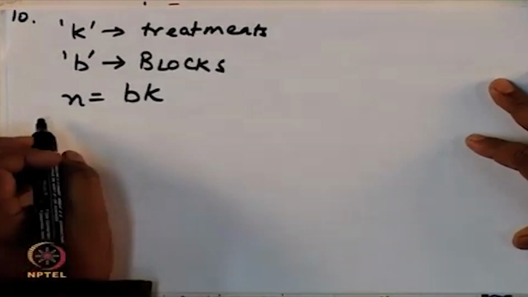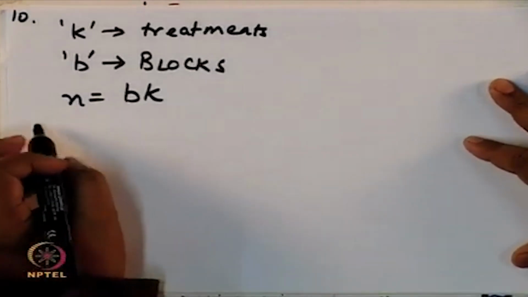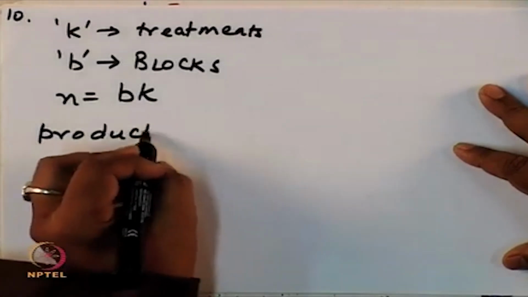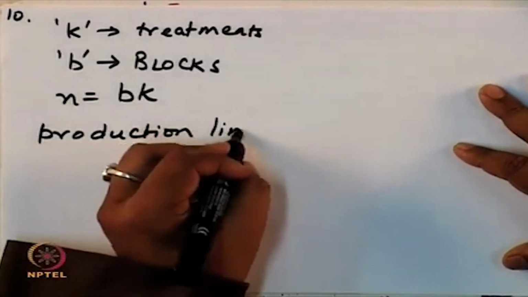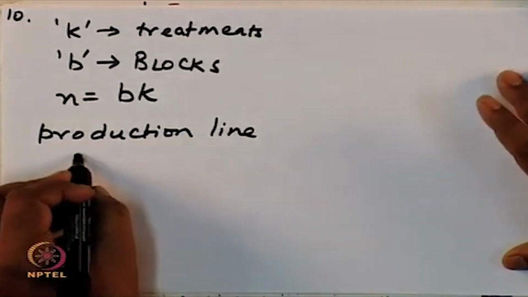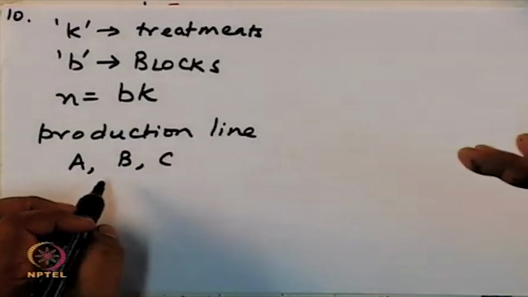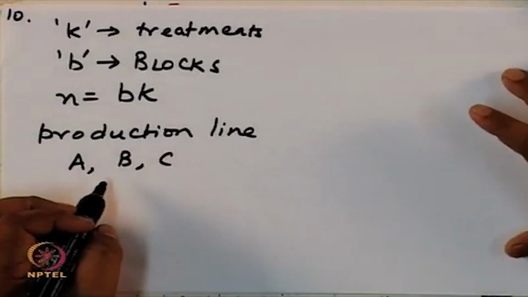So, if you take an example, imagine a production line. The engineer is trying to compare between 3 methods for assembling a given product.